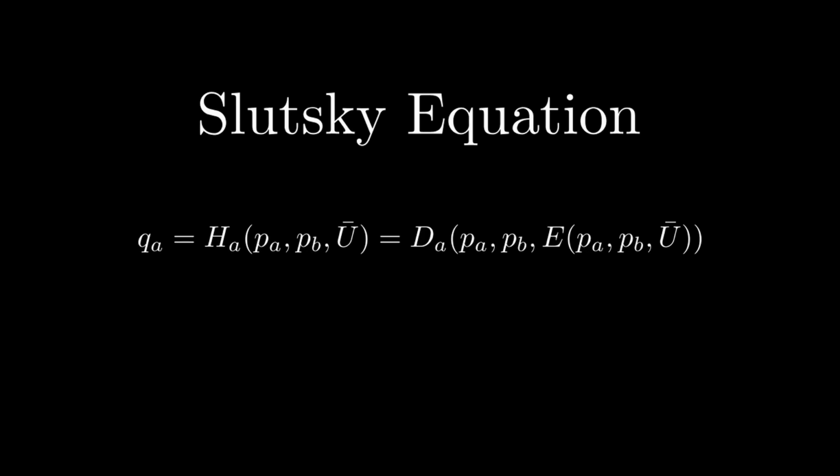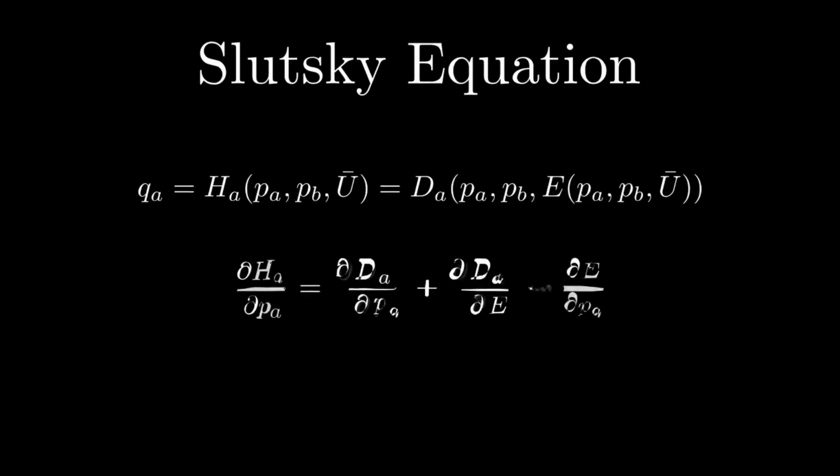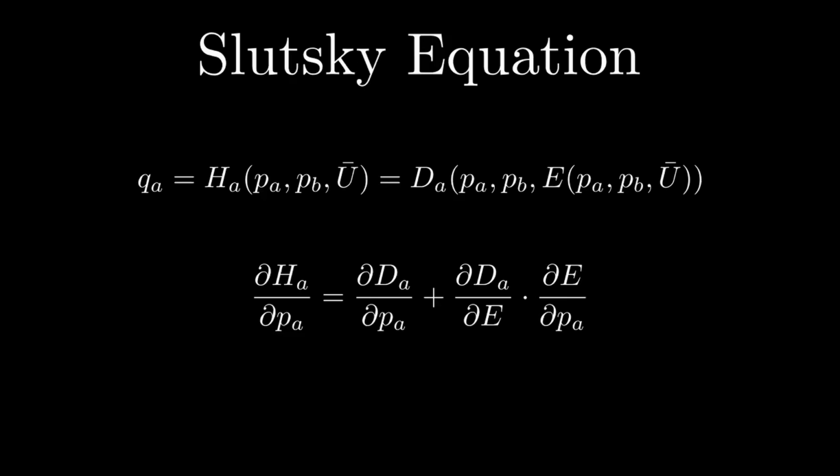If we differentiate this identity with respect to PA, we get the following relationship, which decomposes the total effect into the substitution effect, which is the movements along the indifference curve captured by Hicksian demand, and the income effect, which is movements across indifference curves captured by changes in expenditure.